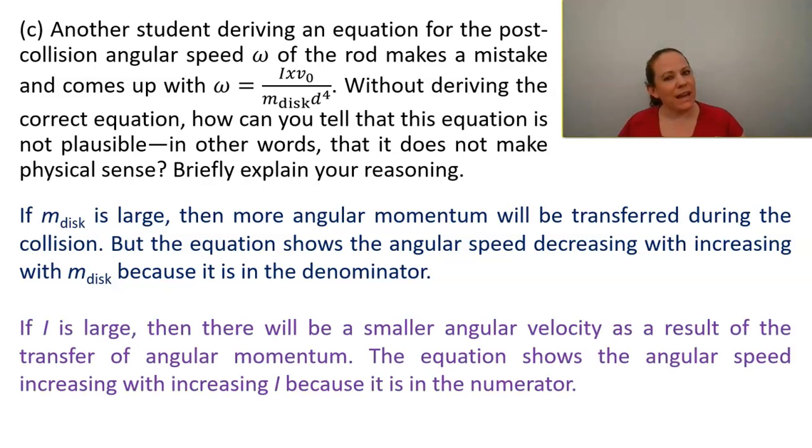We could also look at the fact that if I, the rotational inertia, is large, then there will be a smaller angular velocity as a result of the transfer of angular momentum. And the equation shows that angular speed will increase with increasing I because I is in the numerator.